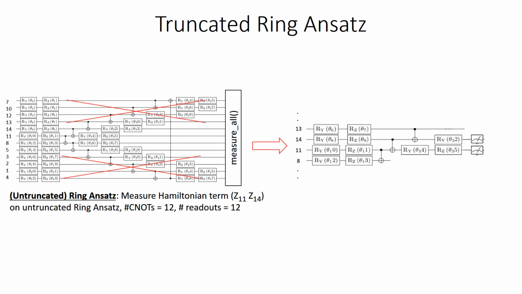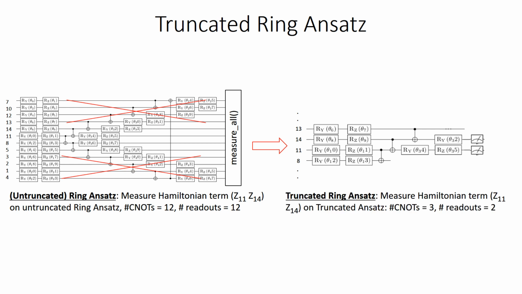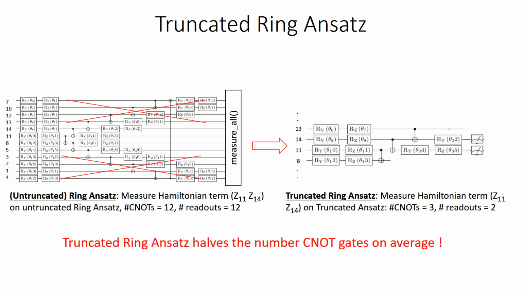Hence, in this case, we shall delete the part of the circuit which does not affect the measurement of the Hamiltonian term, substantially reducing the size of the circuit as well as the size of the Hilbert space. And it turns out that the truncated ring ansatz tends to halve the number of CNOTs, and also the number of measurements is only 2 per circuit.